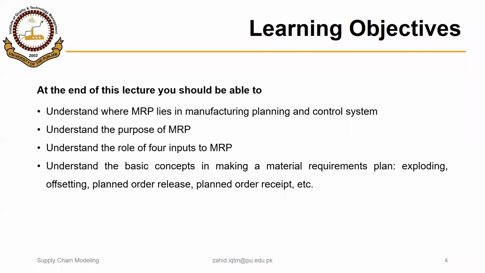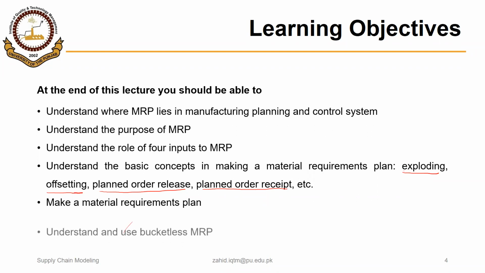So there is some terminology that must be understood, like lead time offsetting, planned order release, planned order receipt, scheduled receipt, and so on. And we will solve a number of examples to learn how to make a material requirements plan.